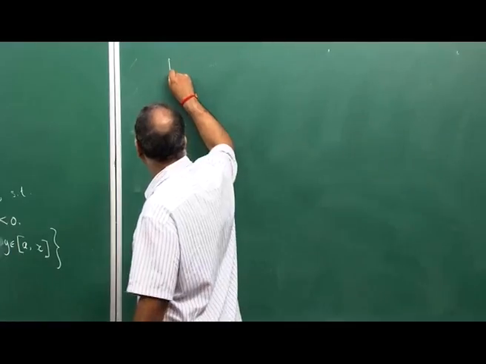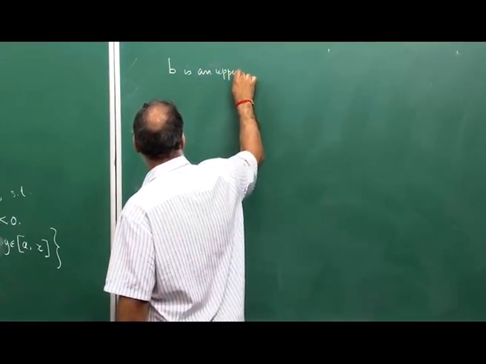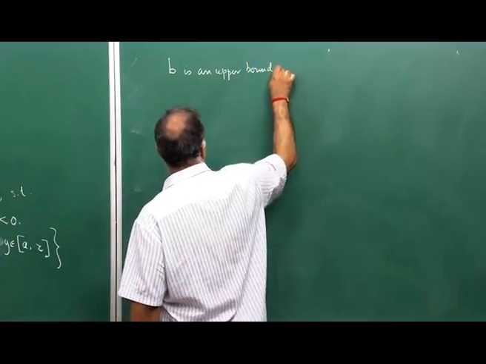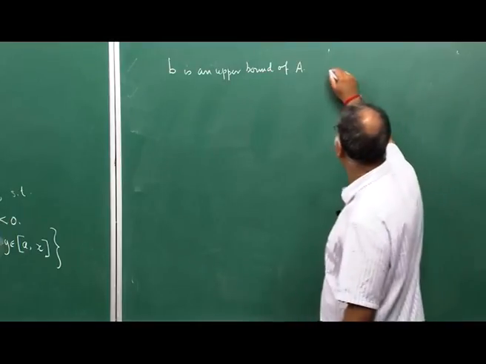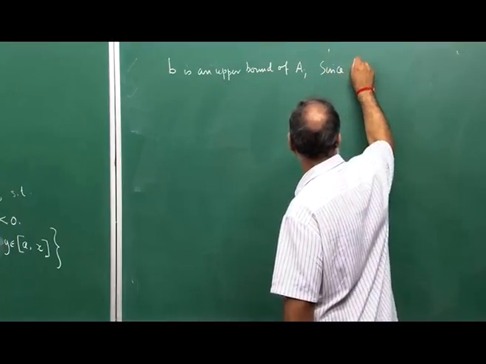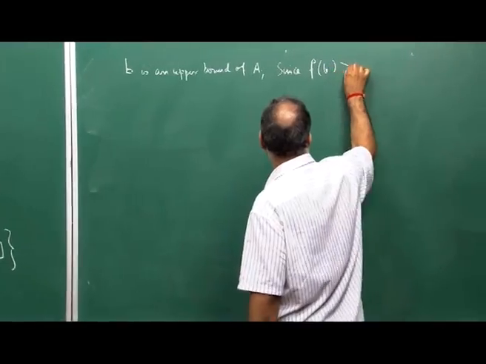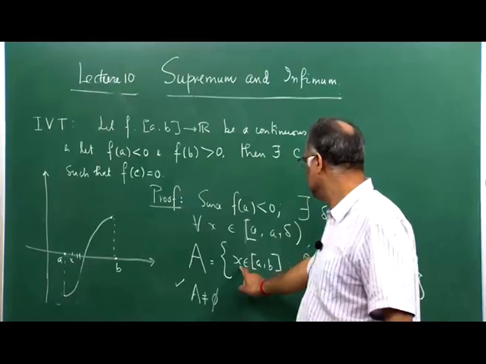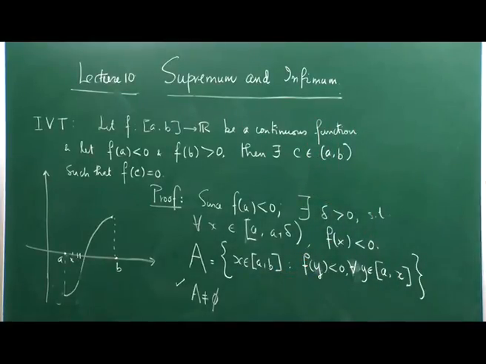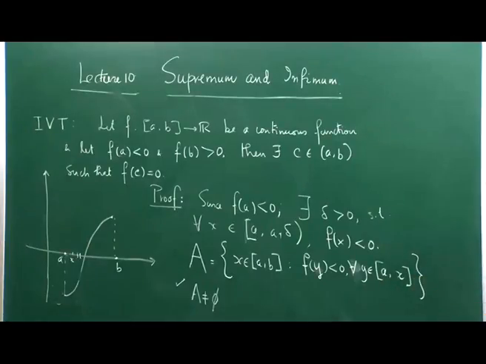Because you see b is an upper bound of A, since f of b is strictly bigger than 0, whereas on the set the function value is strictly less than 0. Please understand this point, that b has to be an upper bound, because b cannot be included in this set.